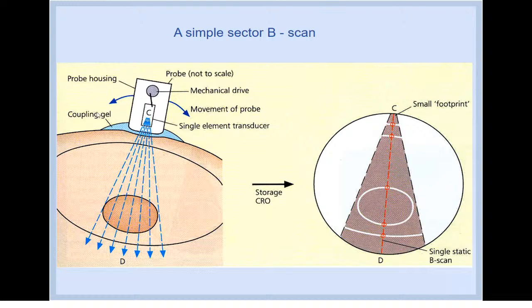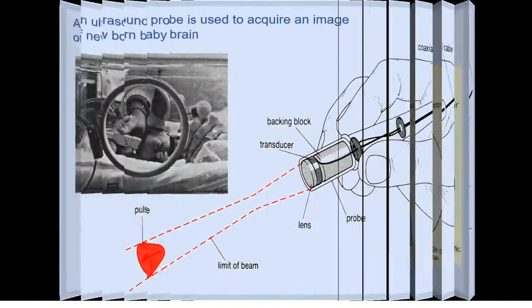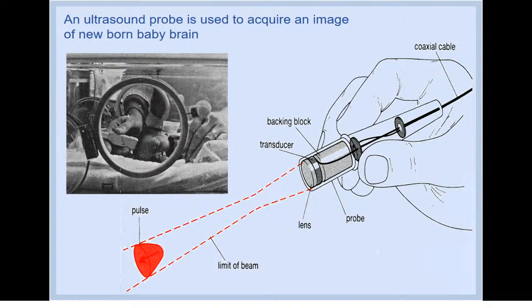You can see the coupling gel is placed on the surface to conduct and to avoid reflection. The picture is reconstructed from the reflection and storing of the ultrasound energy. This is the probe used to acquire an image of a newborn baby's brain. You can see this is the transducer and the method of the investigation.